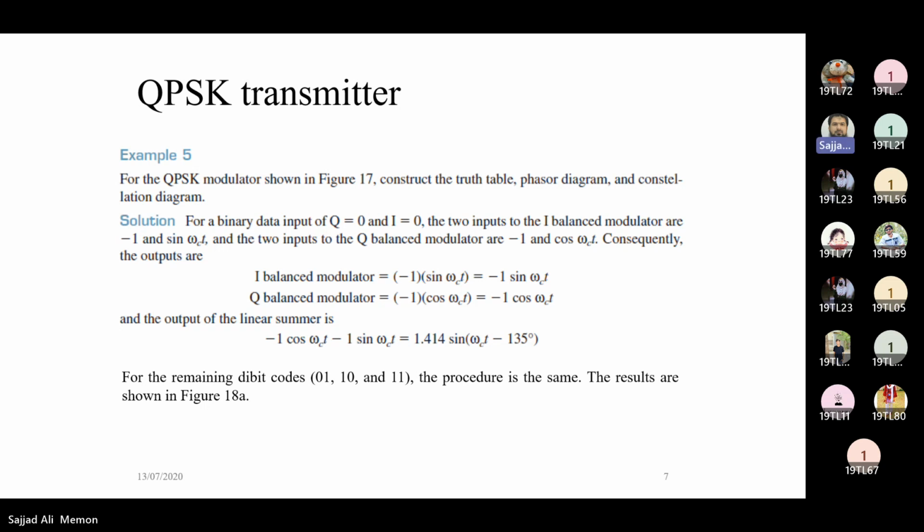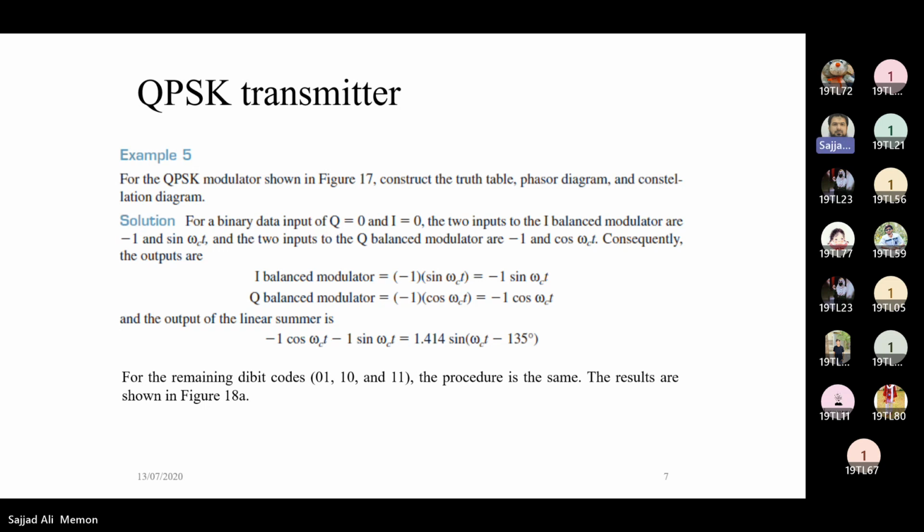Now I will ask you to do it for Q equal to 1 and I equal to 1. In that case, instead of minus, we will have both quantities positive, plus cos omega ct and plus sin omega ct. Then what will that be equal to? Using the same way, you can do it. Both are positive. Please try to solve this one.